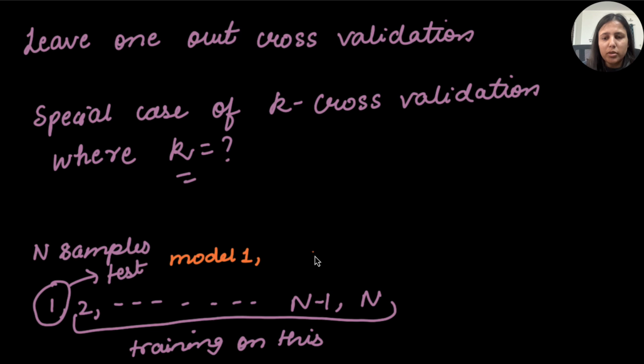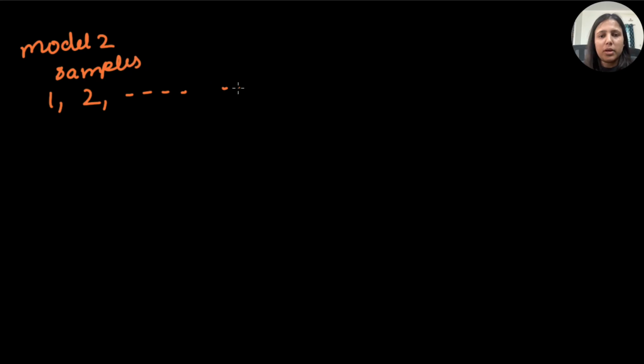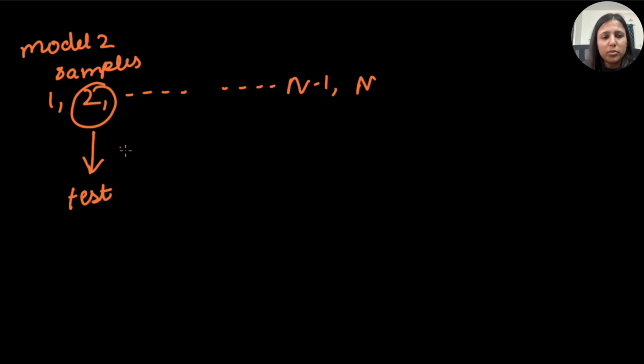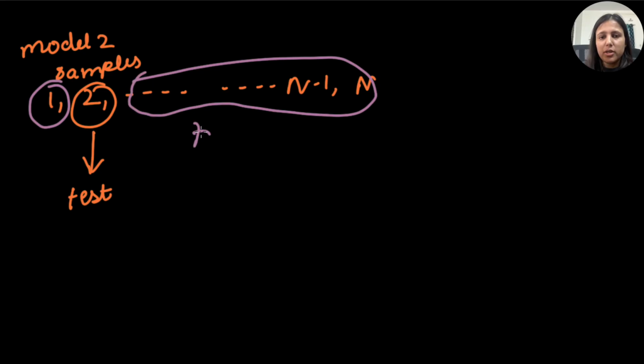In model 2, you will remove sample 2 for testing, and use the rest for training. These are your samples and not folds here. You have n folds, right? So now your test set has only one sample and the rest of the samples are in your training. So this is leave one out cross validation. You're just leaving one sample out for testing.